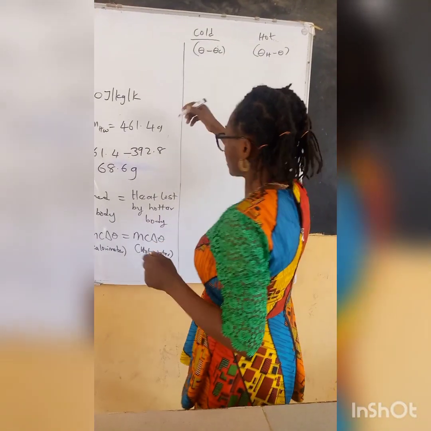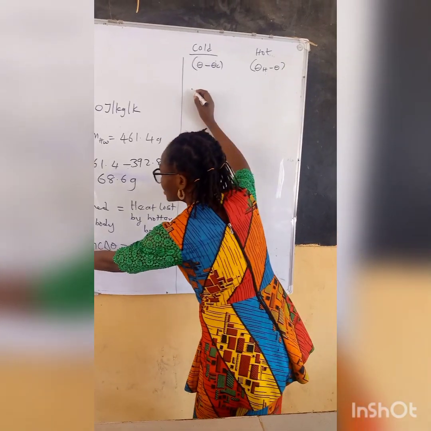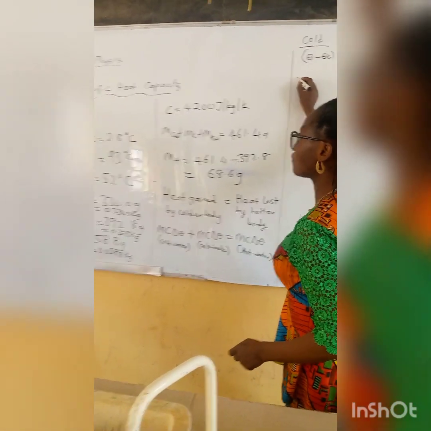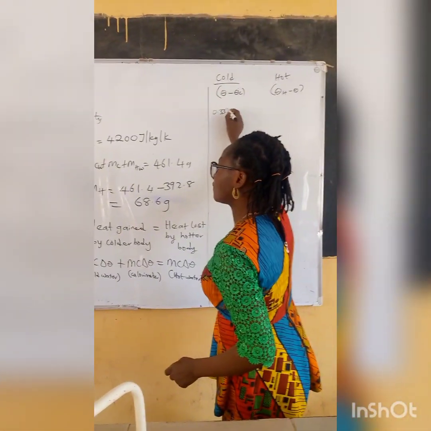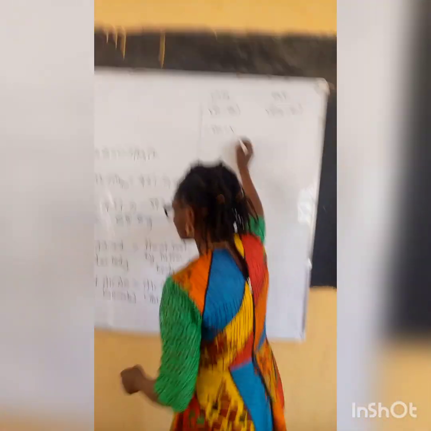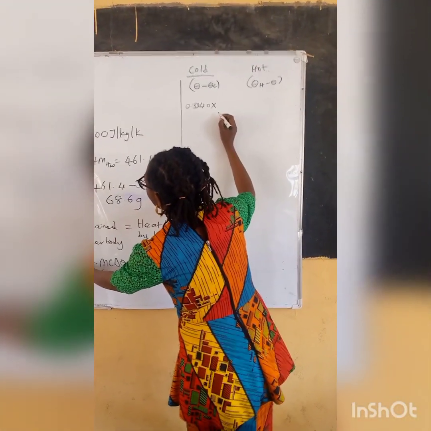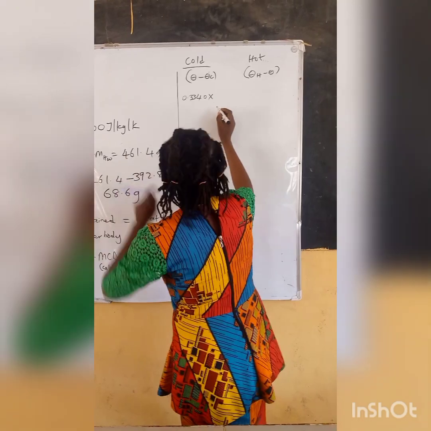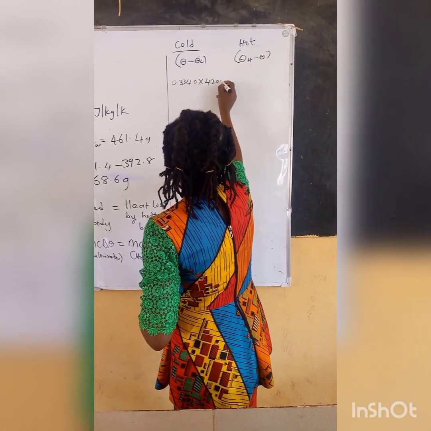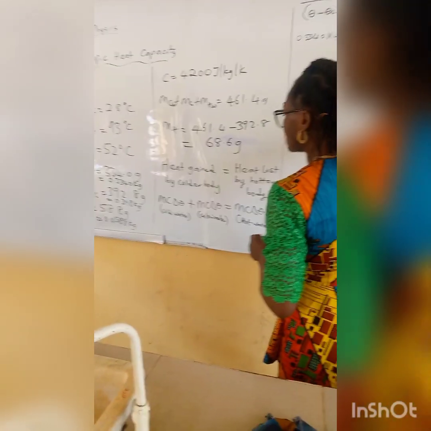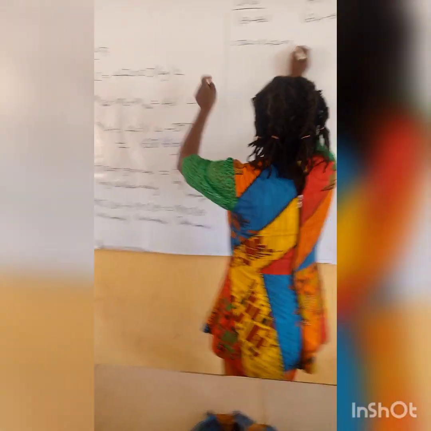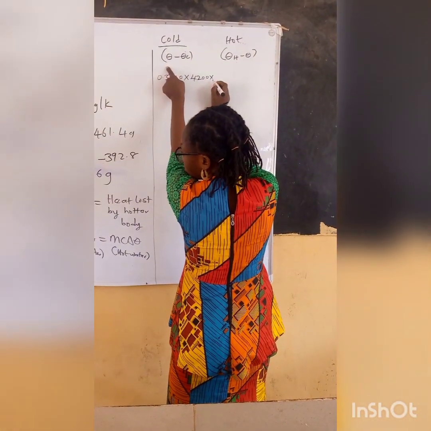So now let's go back to what we were doing before. The mass of cold water is 0.3340 times the specific heat capacity of water, 4,200, times the change in temperature for the colder body.